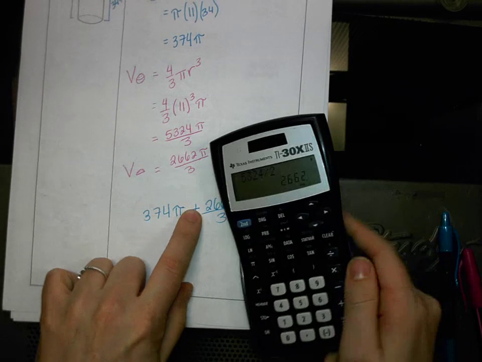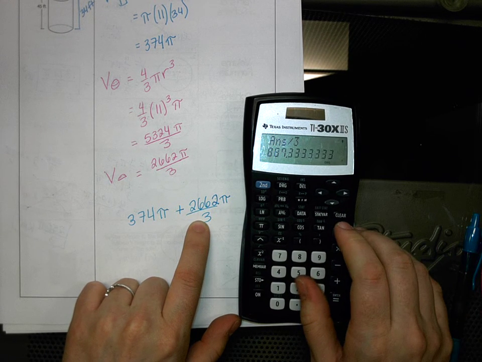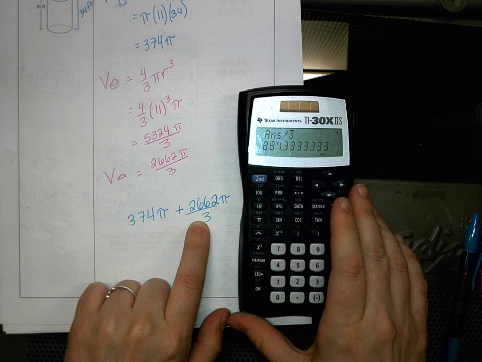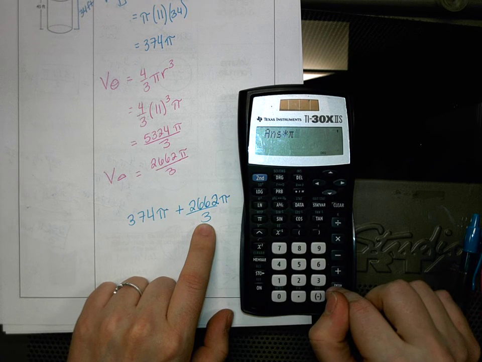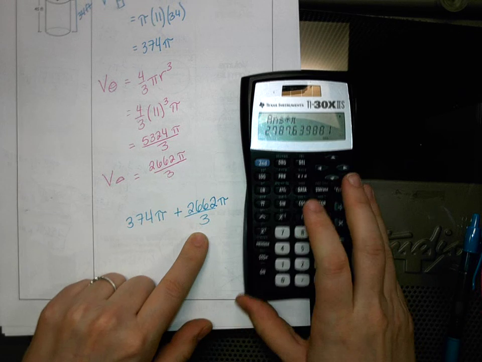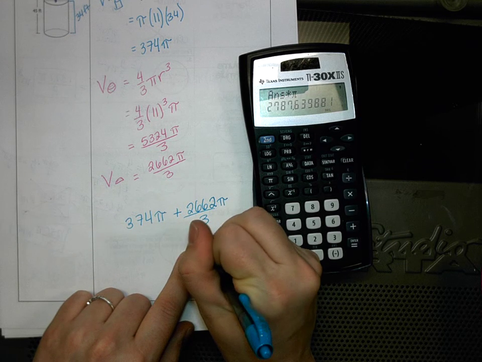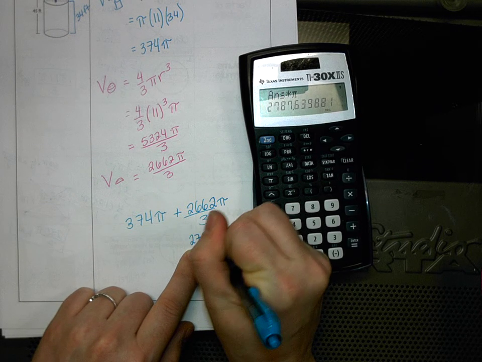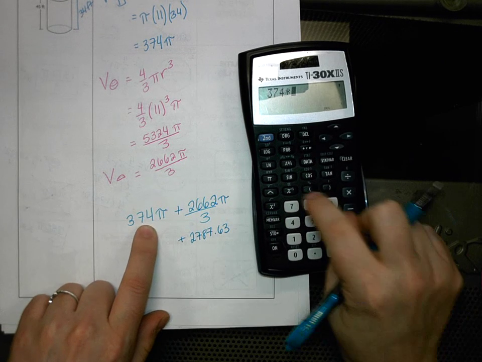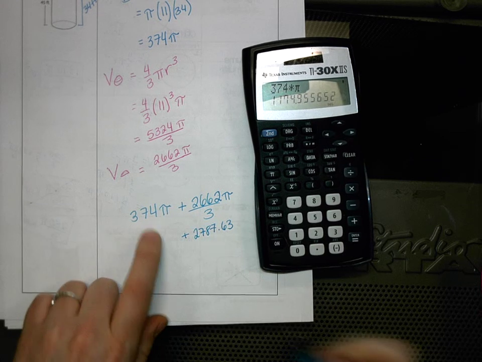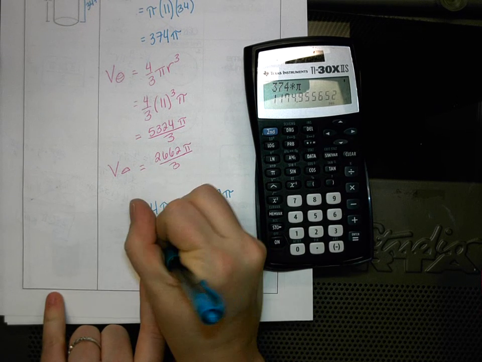Alright, so I'm going to just calculate that first number. I'm going to divide that by 3. And then multiply by pi. Which gives me 2,787.63. And then 374 times pi is 1,174.96.